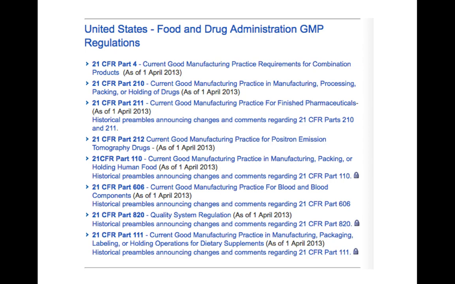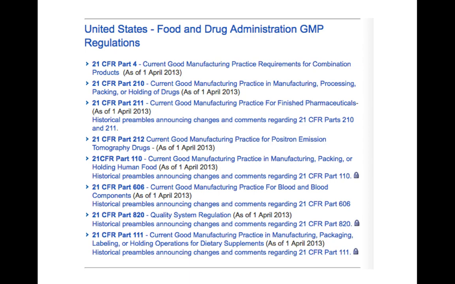Realize that it's in Part 200 or Series 200, that's going to be related to the manufacturing of pharmaceuticals, right? So now here we have current good manufacturing practices in processing, packing, and holding of drugs, right? So this part of the regulation is going to tell you how you're going to manufacture it, what's a good process to manufacture it, what's the best way to process it, packing it, and in the case of if you need to store it, how can you actually hold it?